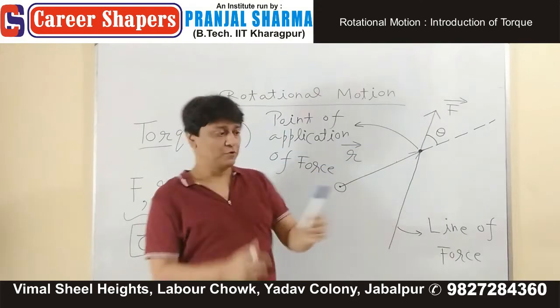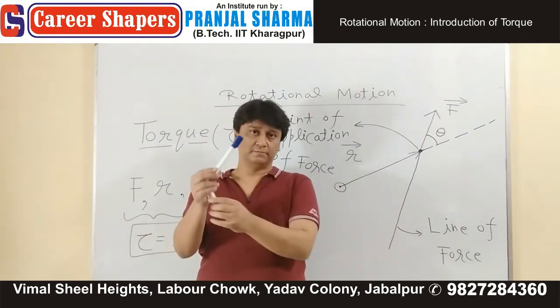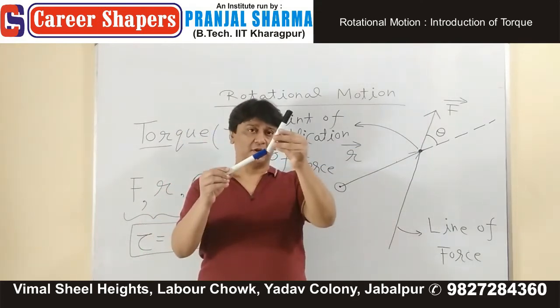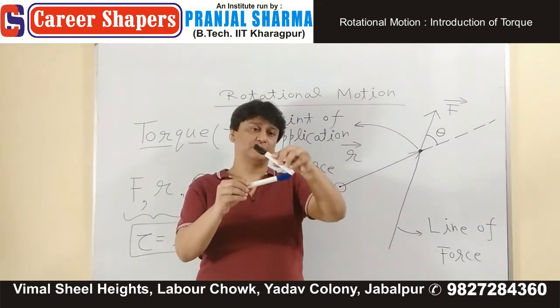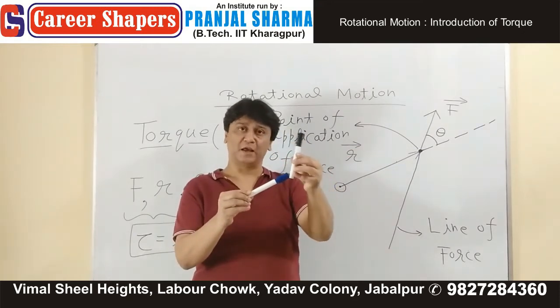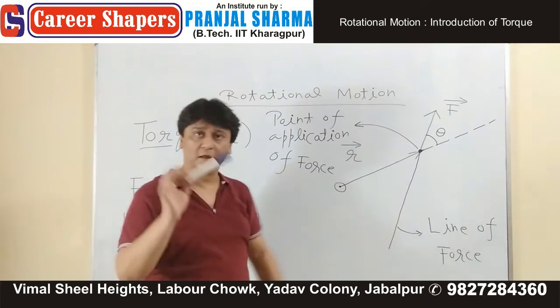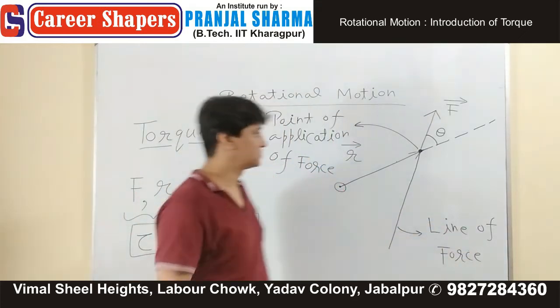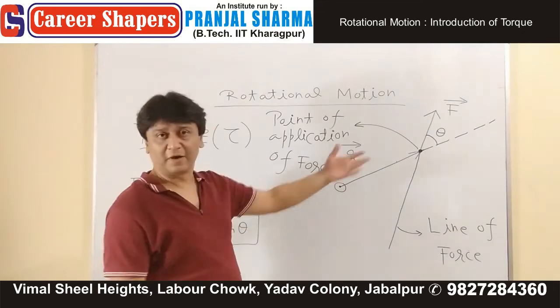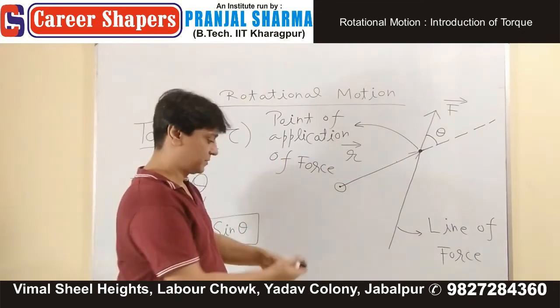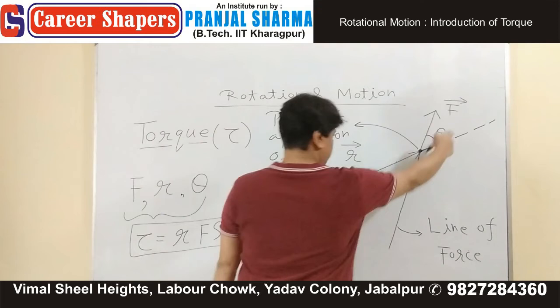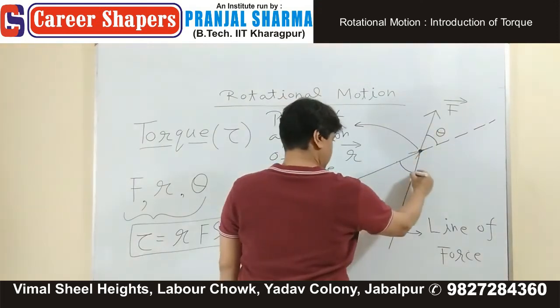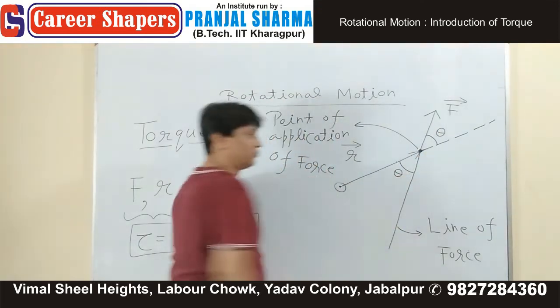So if a force is acting over here like this, they have same point of application but they have different directions, which means different lines of force. Not a difficult task, समझ में आ गया होगा. The point is, if this is theta, this angle is also what? Theta.